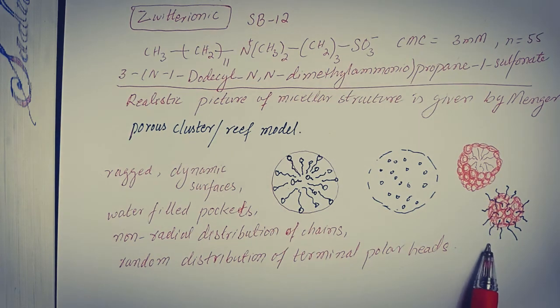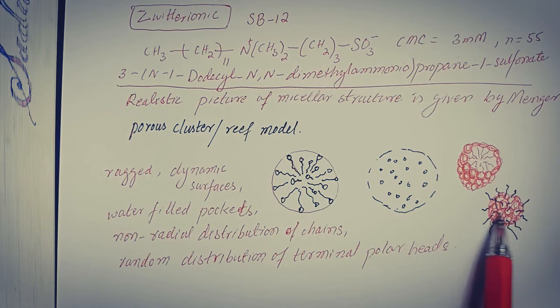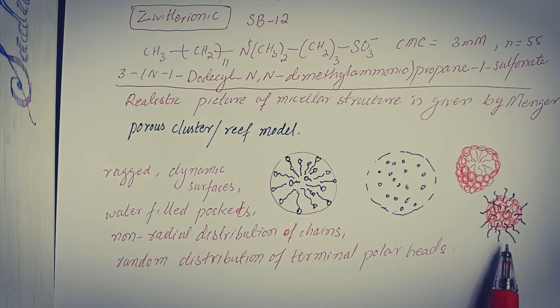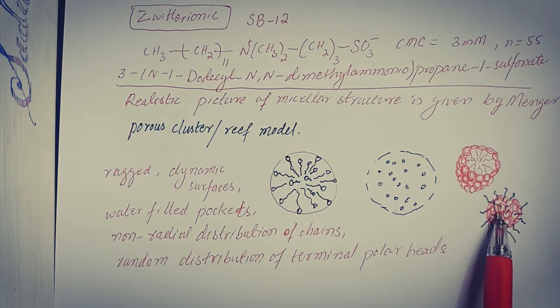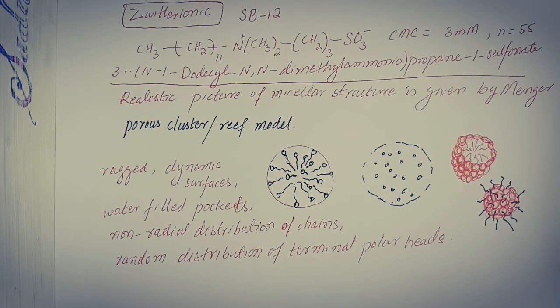And here is the structure of the inverted micelle, which is showing the interior of the polar heads, and the exterior is actually the non-polar chains. In fact, a micelle is a highly disorganized structure with multiple bent hydrocarbon chains.